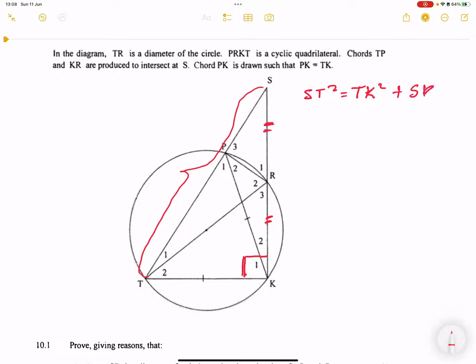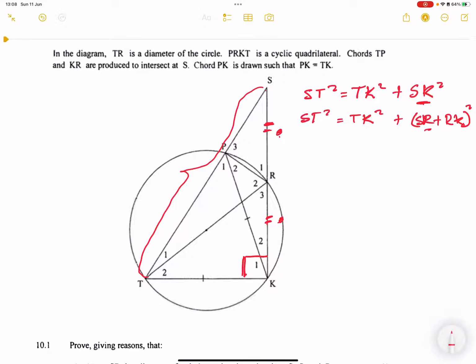But we know that SK is actually equal to SR plus RK, all squared, because we've added them to each other.